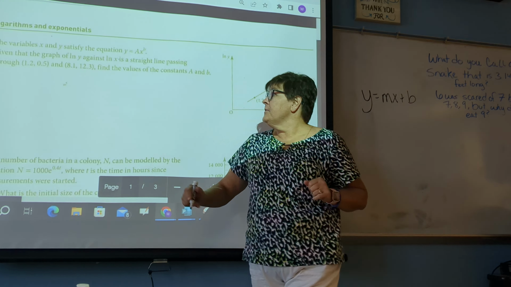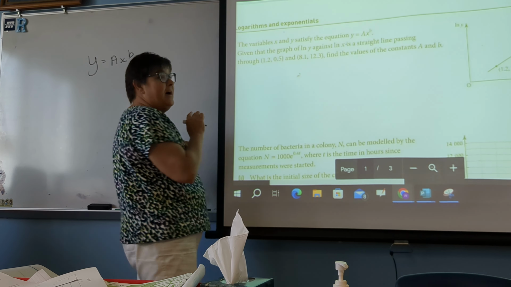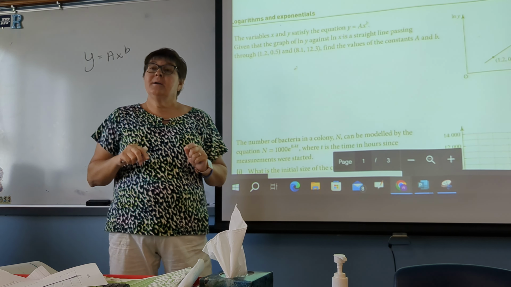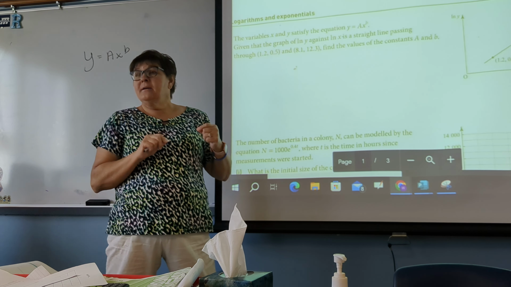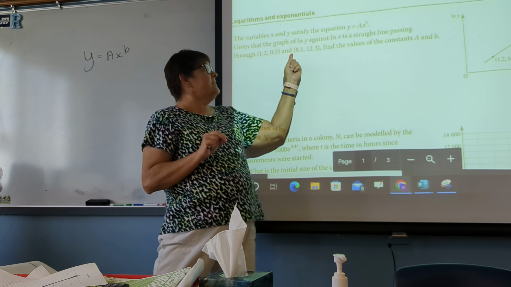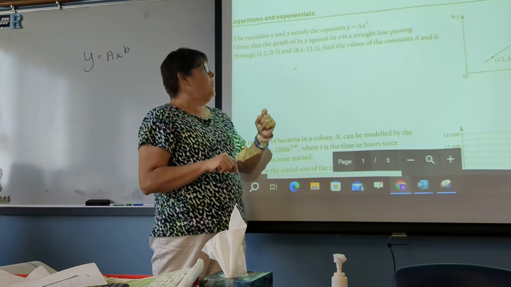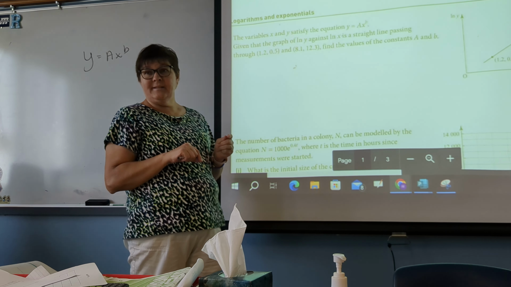All right? So now let's look at this. It passes through the points (1.2, 0.5) and (8.1, 12.3). In our world, normally, these are x and y. But for this particular question, what is this guy representing, and then what is this guy representing?